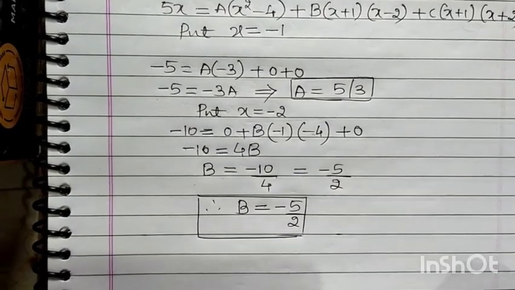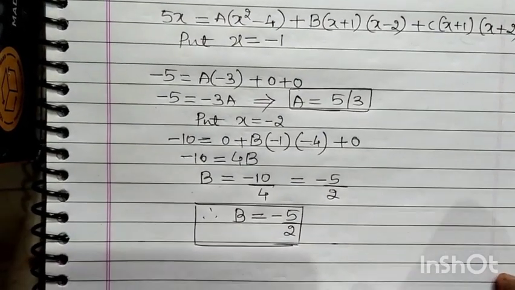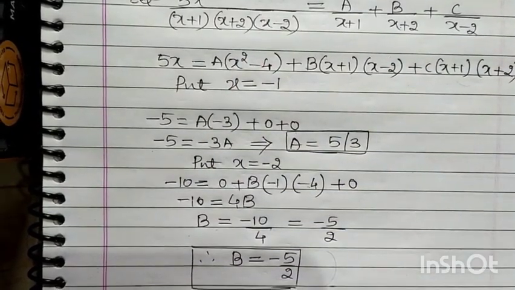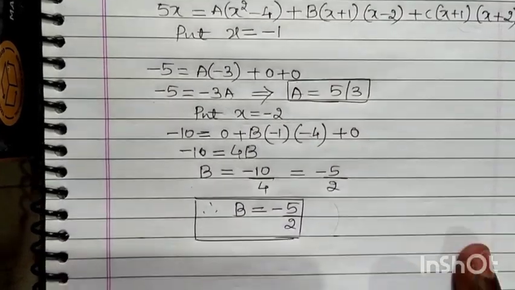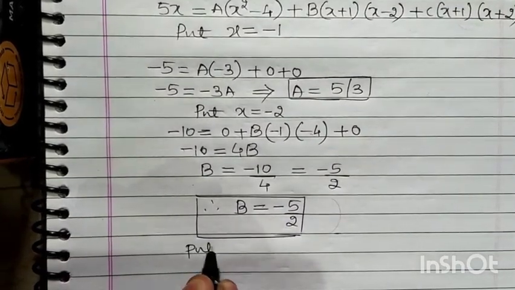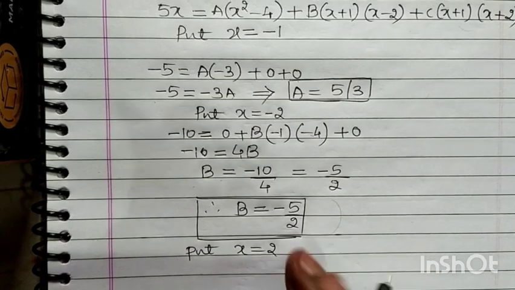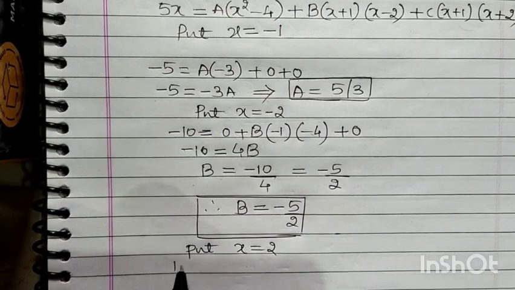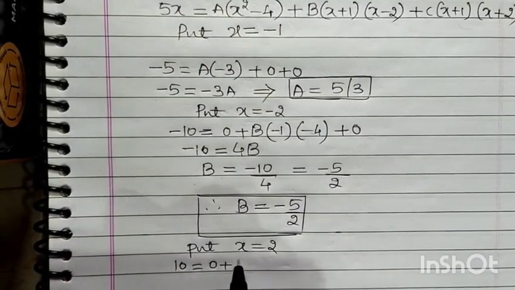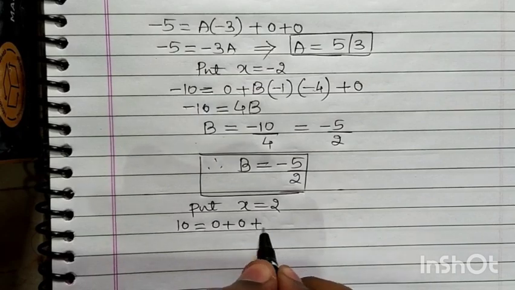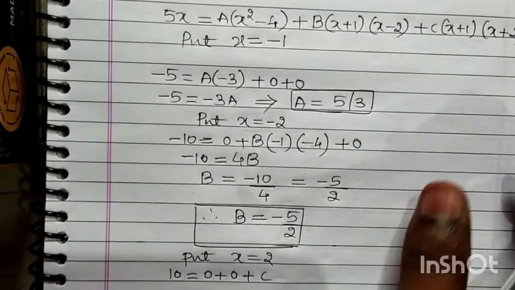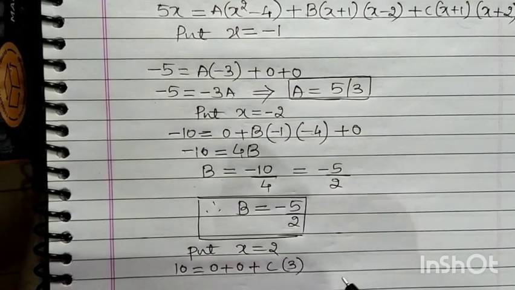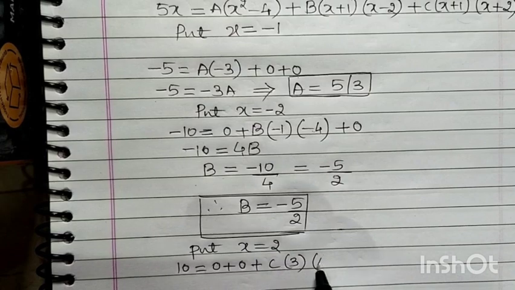Next we have to get the value of C. In order to get the value of C, the first two terms must be 0. So now we take x equal to plus 2. Put x equal to 2, so this will be 0 and this will be 0. So 5 into 2 is 10, equal to 0 plus 0 plus C into, 2 plus 1 is 3, then 2 plus 2 is 4.